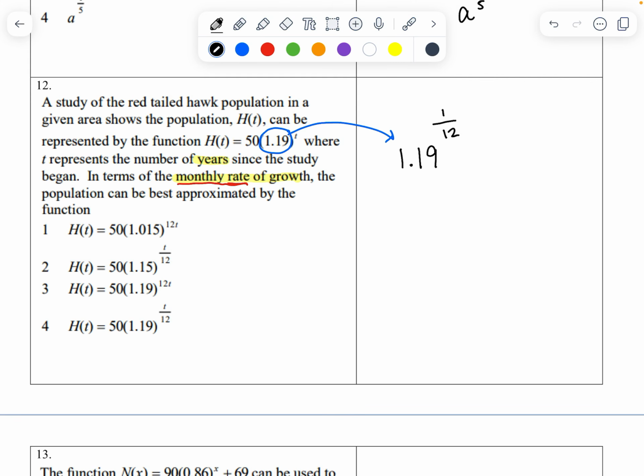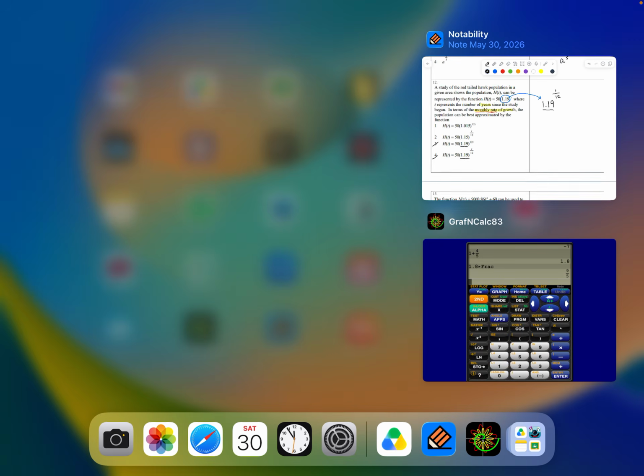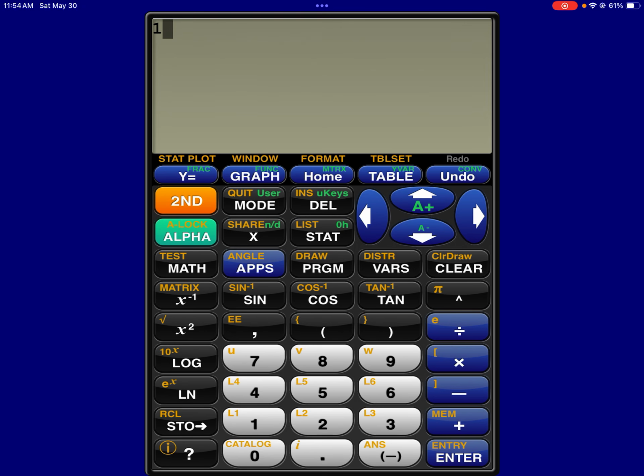Now I also want to point out that if you're changing something, that 1.19 is being changed. If you look down here, that's not being changed. So I already know that 3 and 4 is not my answer. Now let's put this in my calculator to see what my new number would be.